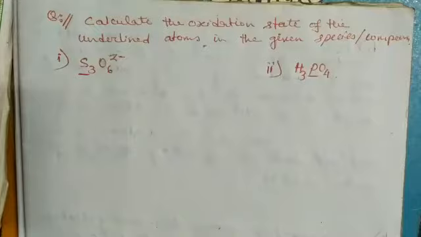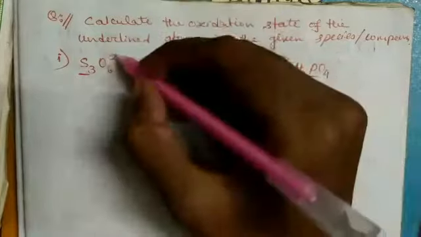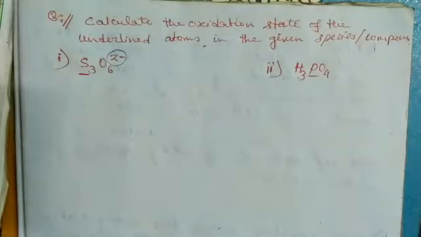Here that species has a charge of -2. So the sum of the individual oxidation numbers of the species is equal to -2.